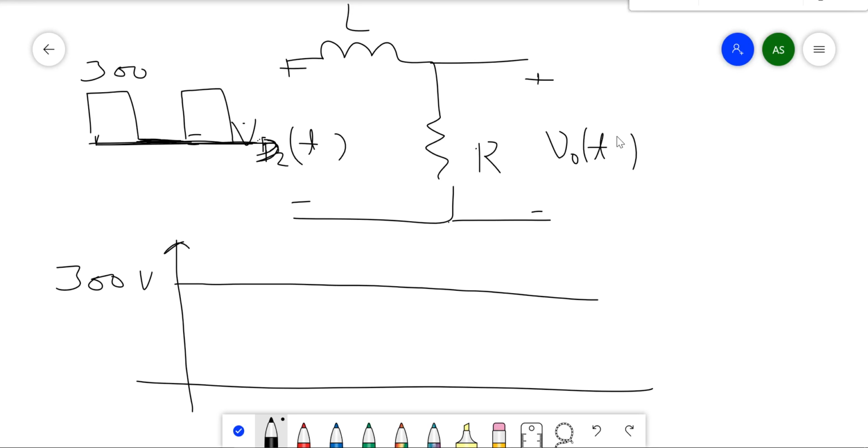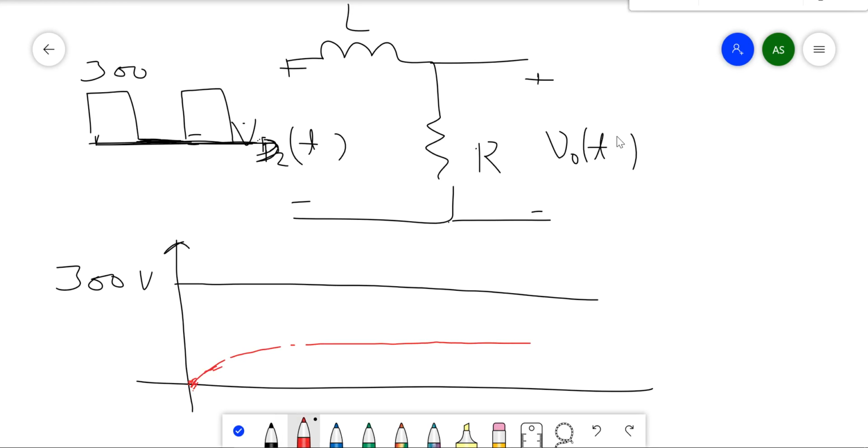You should know this, that in the steady state the inductor will be short circuited, so all the voltage will appear across the resistor R, and the value of the current will be 300 divided by R. Okay, so steady state value of the current will be 300 by R. So the waveform of the current will be like this.